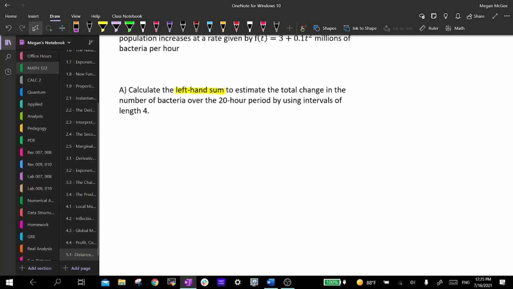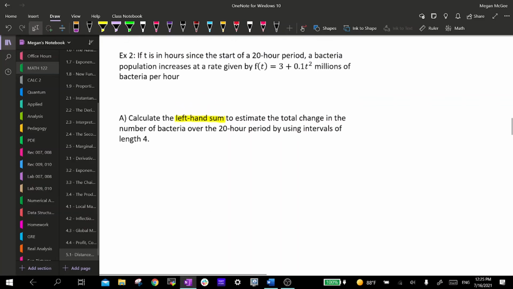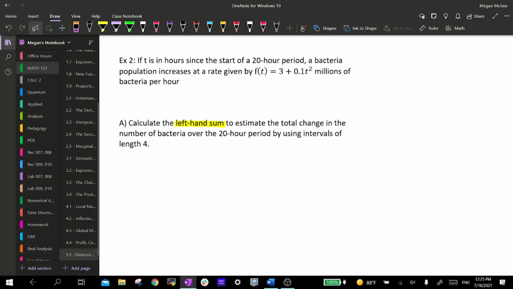So calculate the left-hand sum to estimate the total change in the number of bacteria over the 20-hour period using intervals of length 4. So if t is in hours, all right, that means our length is 4 hours. Okay?